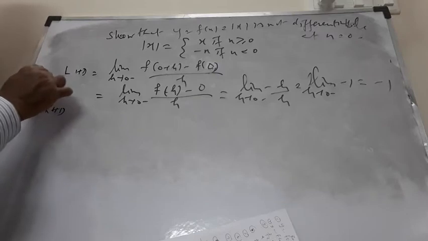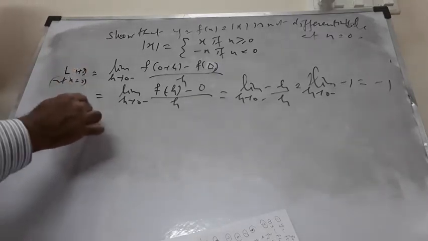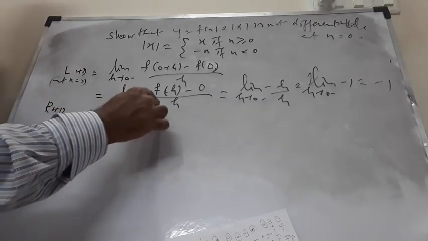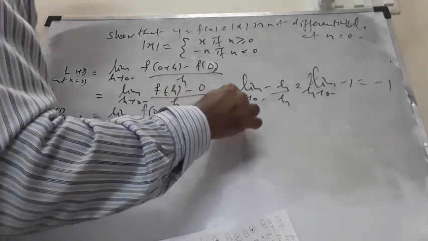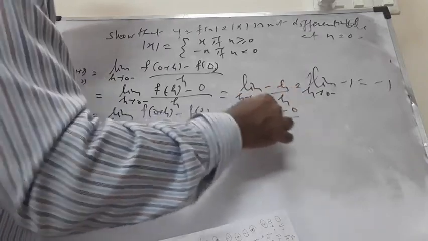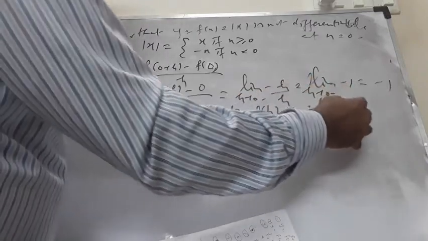Now the right hand derivative at x equal to 0. I mean to say limit h tends to 0 plus of f of 0 plus h minus f of 0 whole by h, which is equal to limit h tends to 0 plus of f of h minus 0 by h. h tends to 0 plus means it's a quantity above 0.